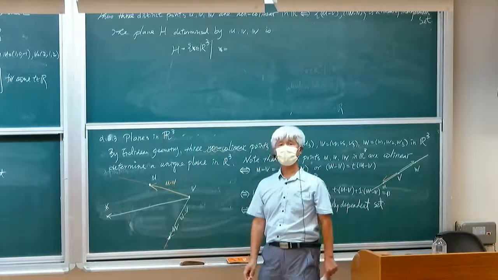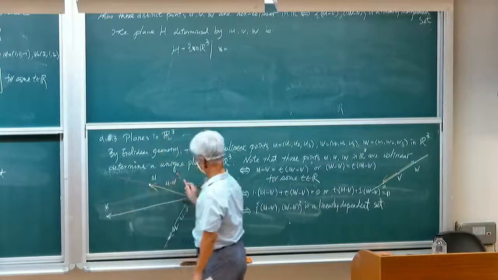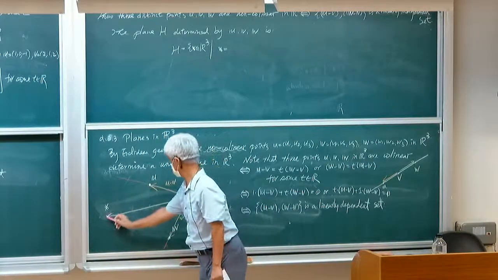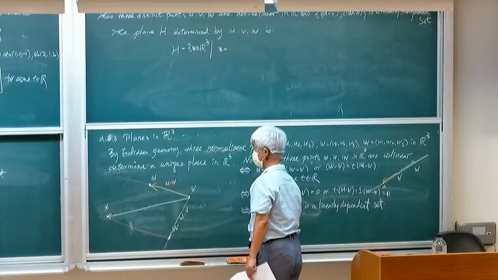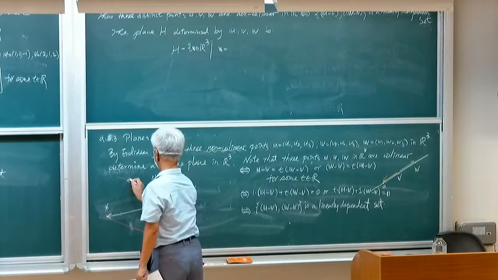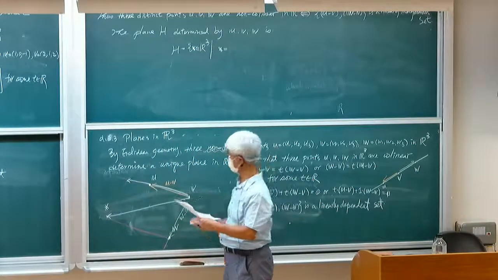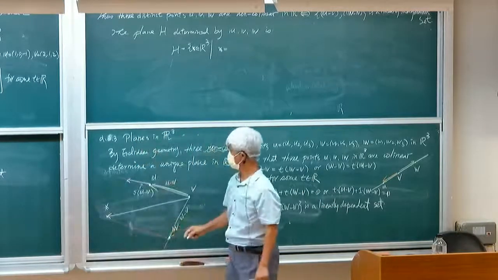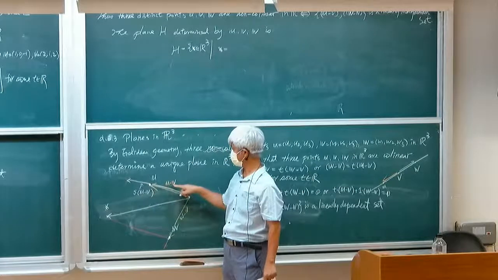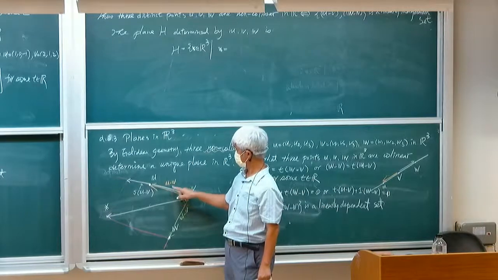By the parallelogram diagram, this is parallel to that, and the other is parallel too. So this part is s times U minus V. Okay, so it's a multiple of this vector.